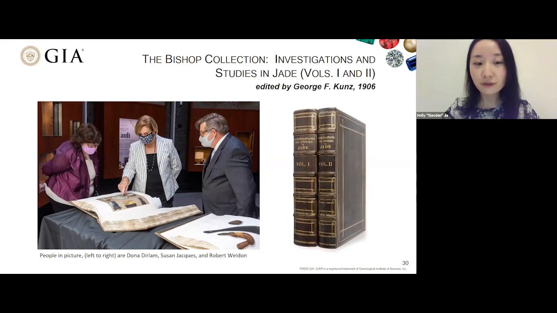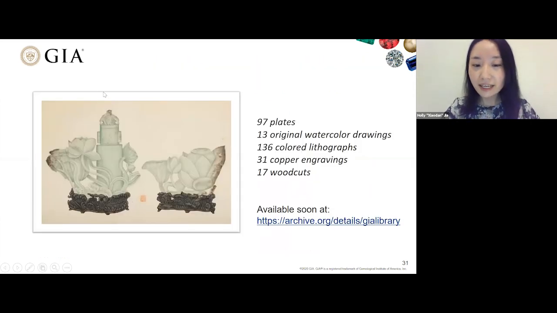It took over 3 years to produce this elephant folio volume, and there were only 100 sets made, for a total cost of $100,000 US, which is equivalent to nearly $3 million today. These two leather-bound volumes contain numerous plates, watercolor drawings, colored lithographs, copper engravings, and woodcuts.